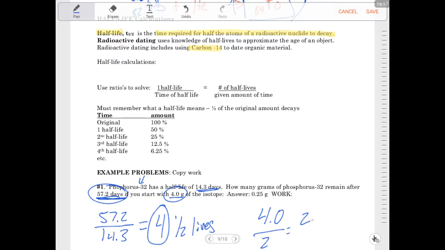This gives you 2 grams, that's 1 half-life. Divide by 2 again, this is your second one, so that's 1.0. Divide by 2, this is your third half-life, that's 0.5. And divide by 2 again, and my final answer is 0.25 grams.